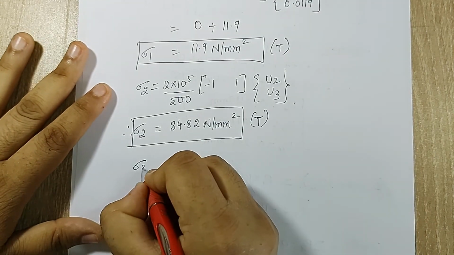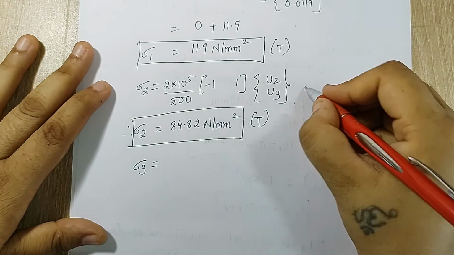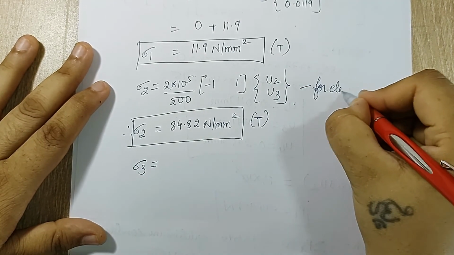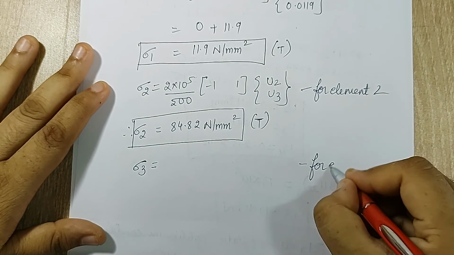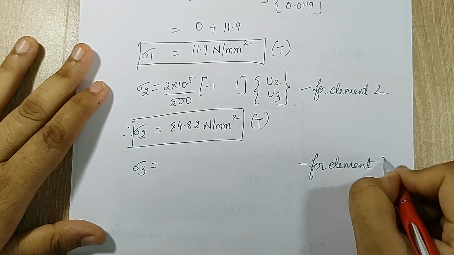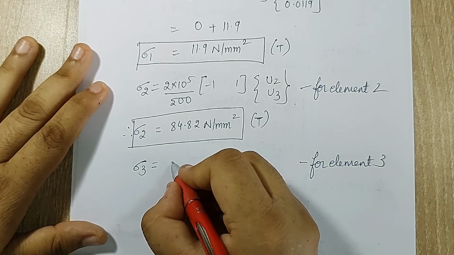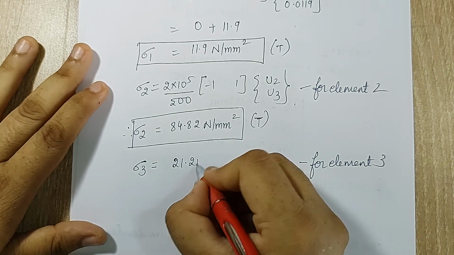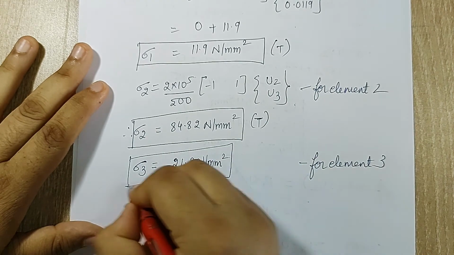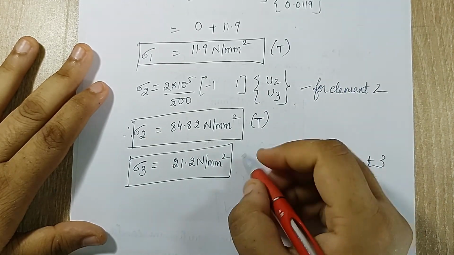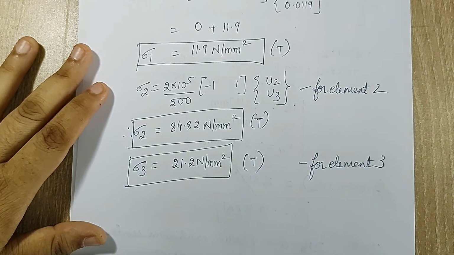Lastly, I'll solve for the third element. I'll write here for element 2 and this is for element 3. This value I obtain as 21.2 Newton per mm square. I hope you can solve this. Element 3 is between node 3 and 4 and this is of tensile nature.